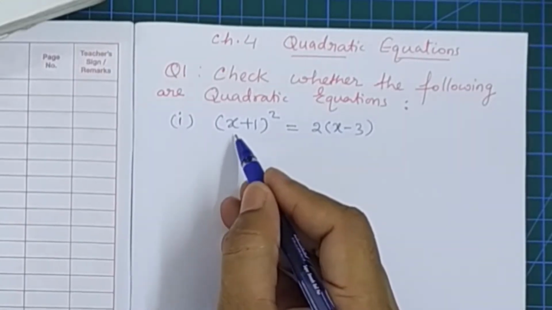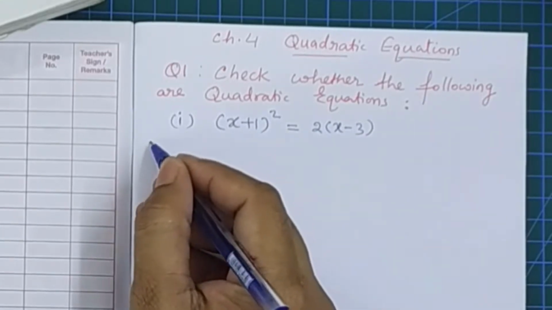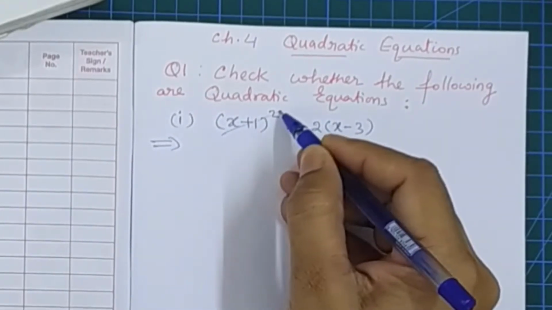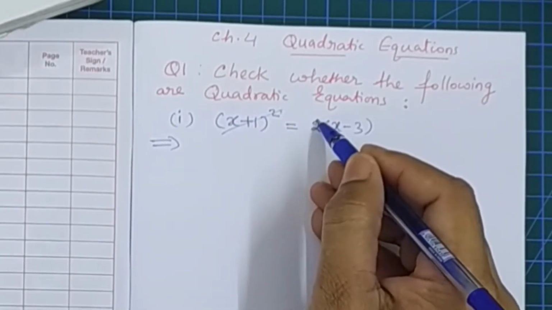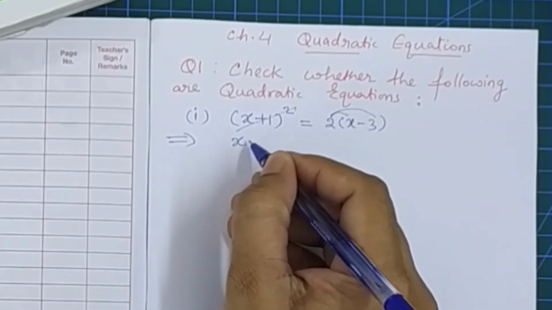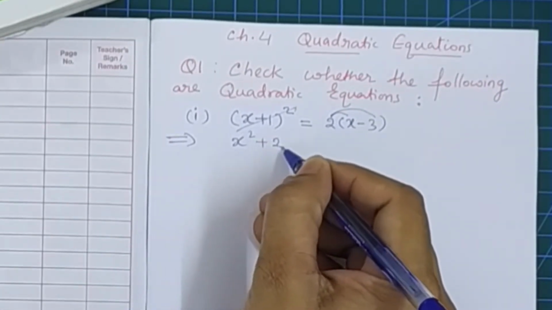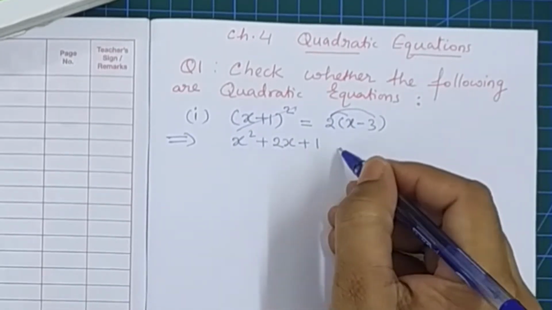So the first bit is x plus 1 whole square is equal to twice of x minus 3. So let us simplify this. We go for the a plus b whole square expansion on the left side, and on the right side we distribute 2 over the bracket. So this turns out to be x square plus twice of a into b, that is 2x, plus b square, that is 1 square.